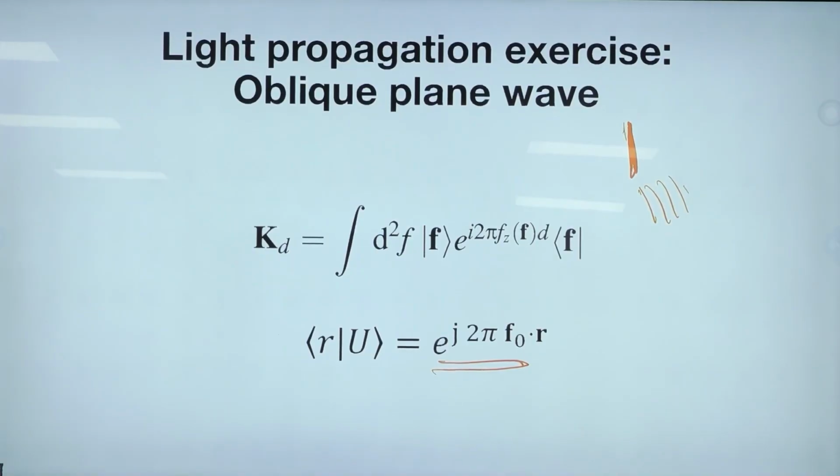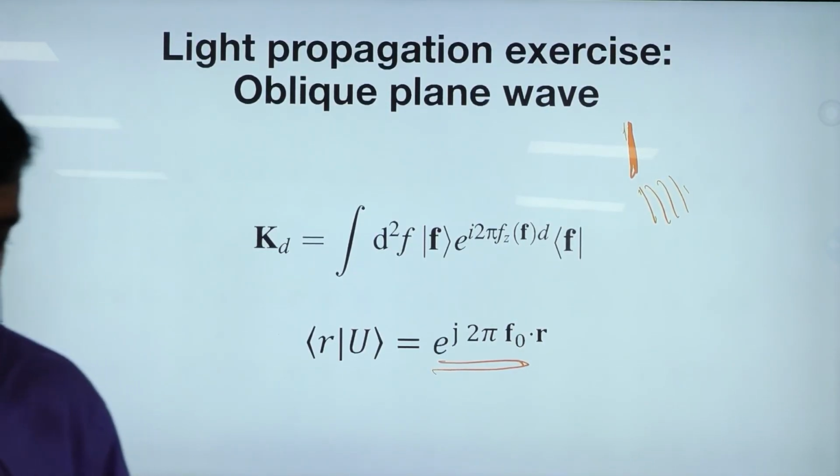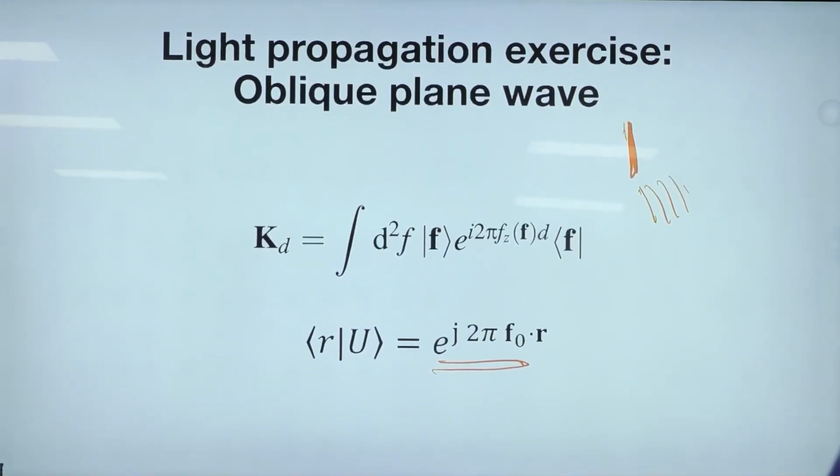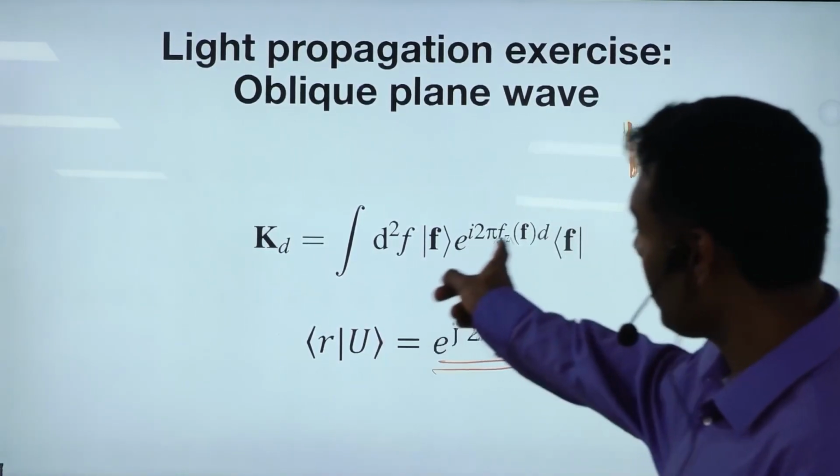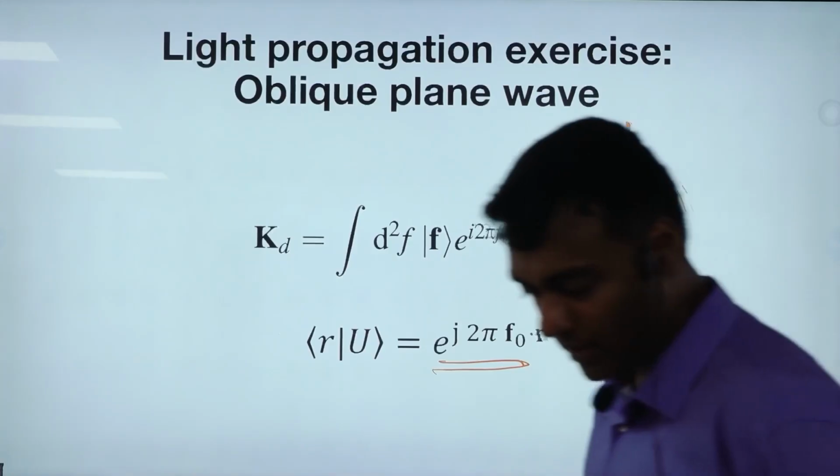Keep going. Do you think what's going on here? Yeah, that's the two-dimensional Fourier transform. Let's see. Try this. Let's see if we can figure this out.